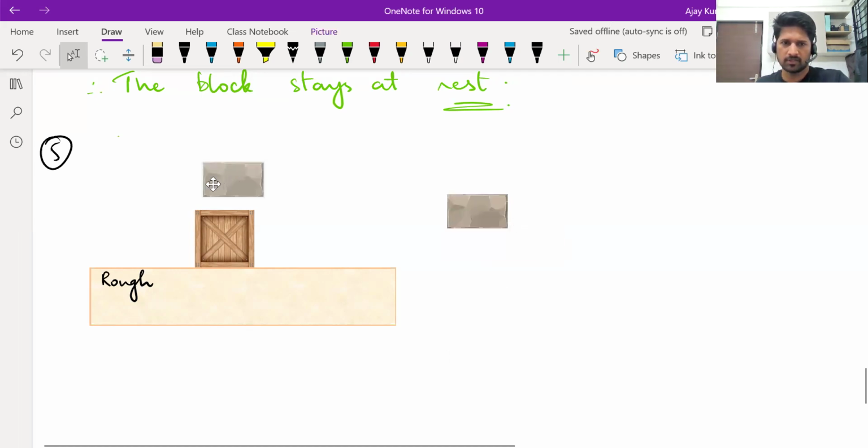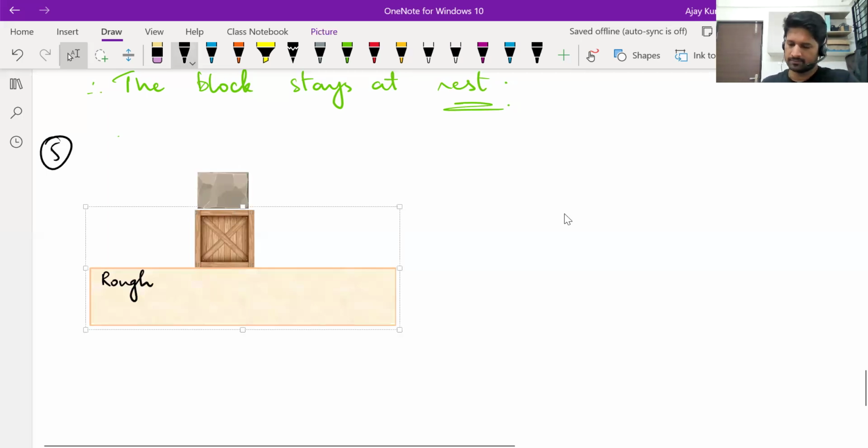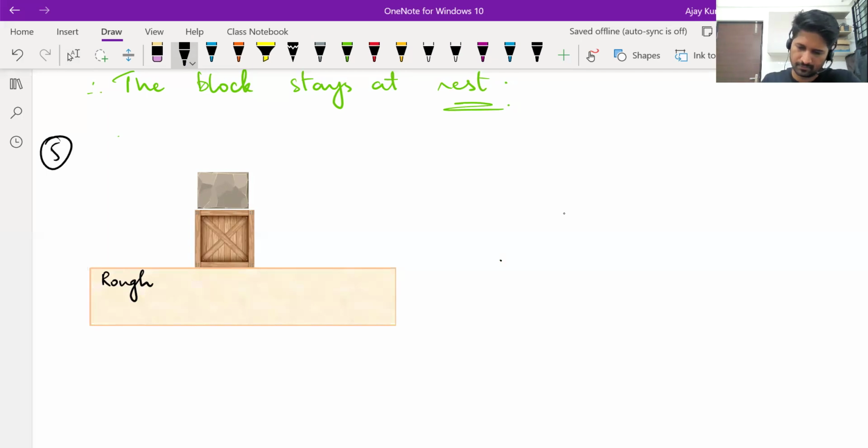Some other block is placed on top of this one, so one block on top of another block. Let's first assume this surface is smooth and these two surfaces are also perfectly smooth. The system is placed like this.